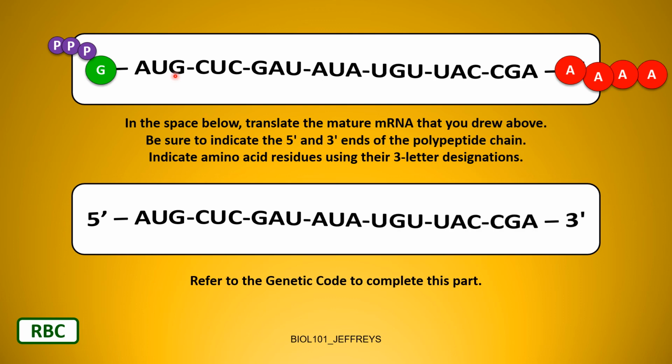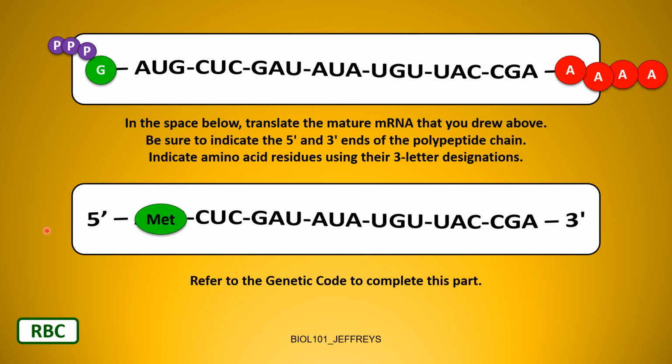What I wanted to do is to show you once again the mature message without the GTP, and without the poly A. Here it is. And then I'm going to translate each of these codons into its appropriate amino acid.